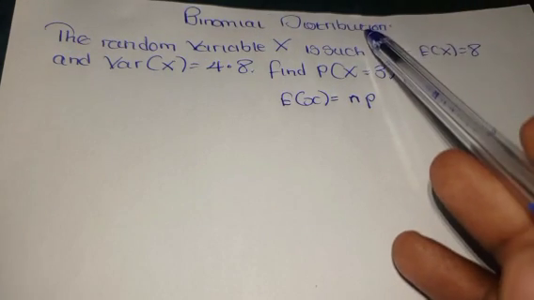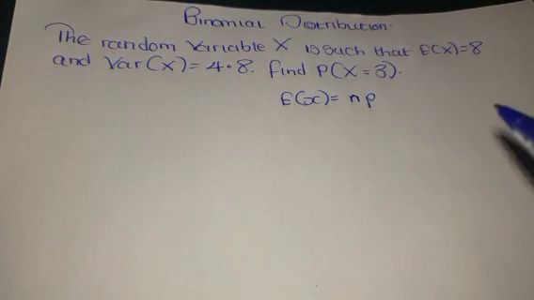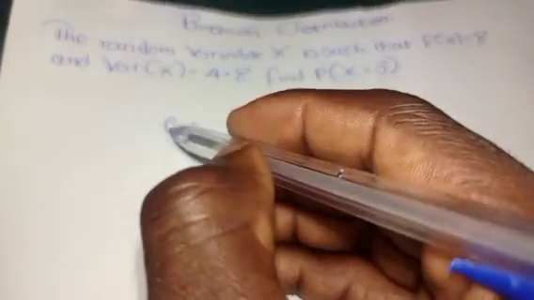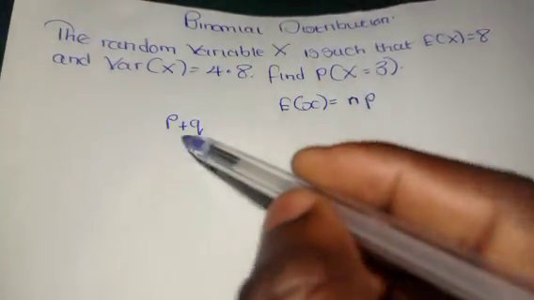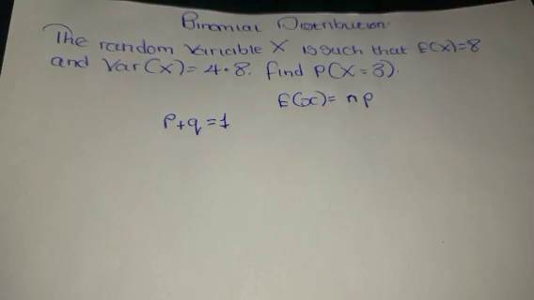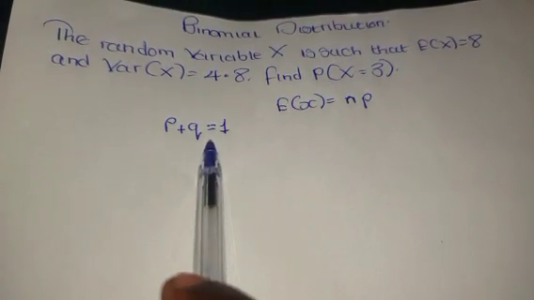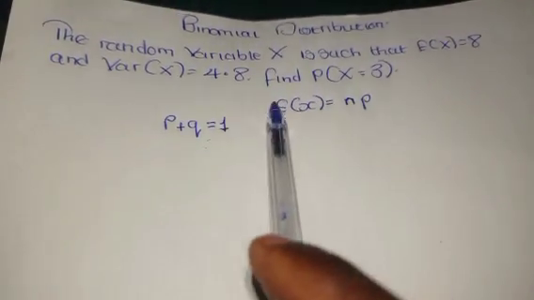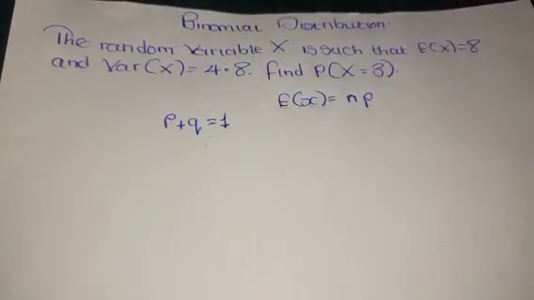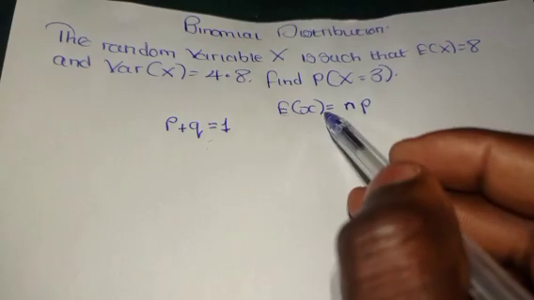Remember, under the binomial distribution, you have two events: the success event and the failure event. When you add the probability of success plus the probability of failure, you get 1. Now, they have said that the expected value of x in this case is 8, so we will replace the expected value of x with 8.